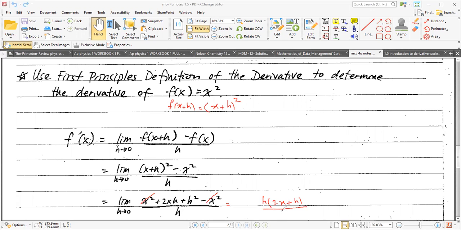We have h in the denominator, and here we still have the limit as h goes to 0. See, h and h cancel. Now the problem is solved. You just put h equal to 0 in 2x plus h, which is equal to 2x. So the derivative of x power 2 is equal to 2x.